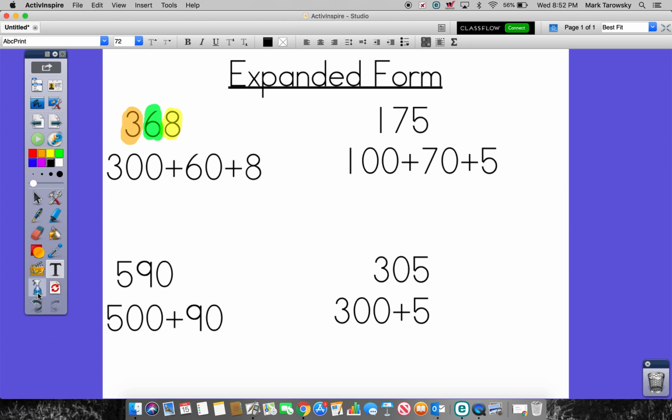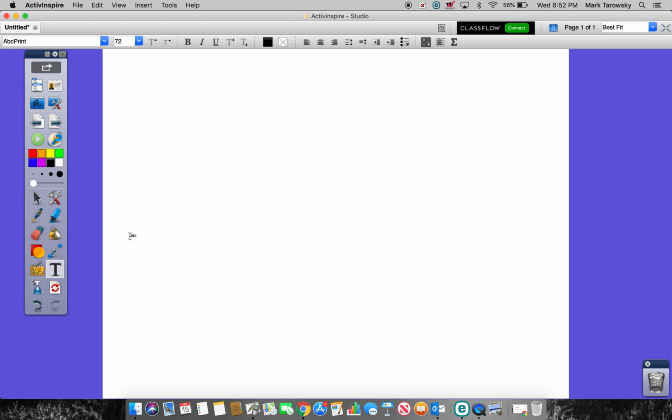Now, from time to time with expanded form, on occasion you will see it written in the case of, let's say we had the number 547.